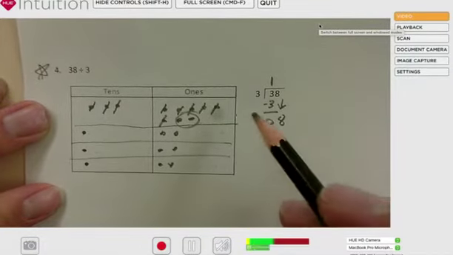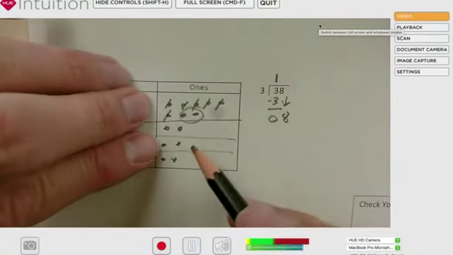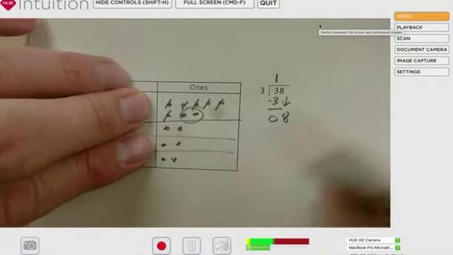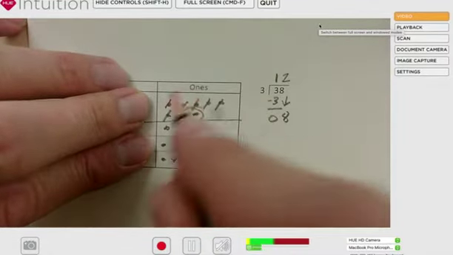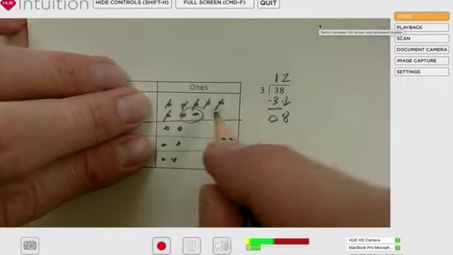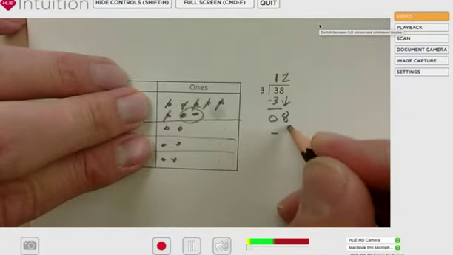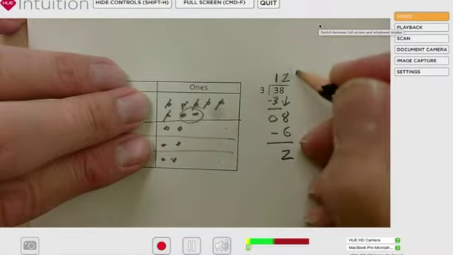Okay? Now, again, how many are in each group for the ones? Right? There's 2 in each group. Next question. Did we use all 8 of the ones? No, we did not. How many did we use? 6 of them. With 2 left over. R2.